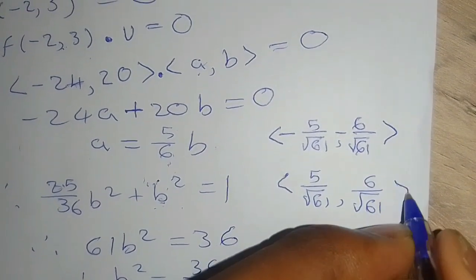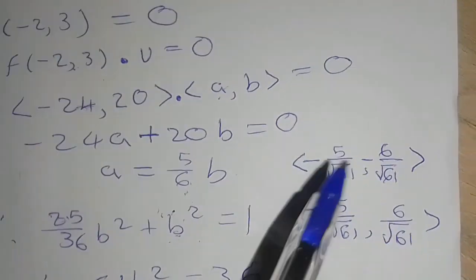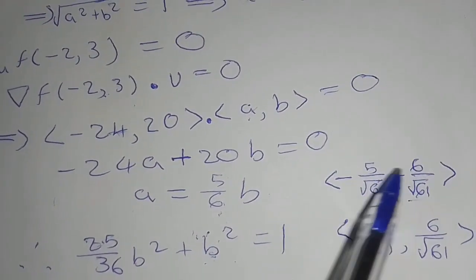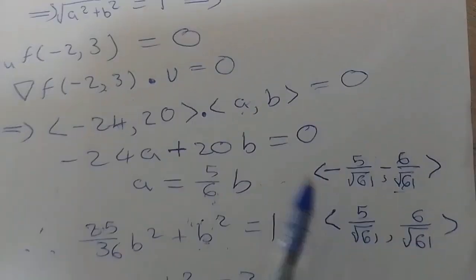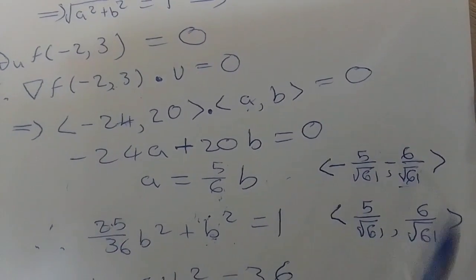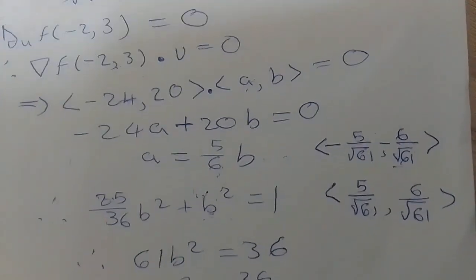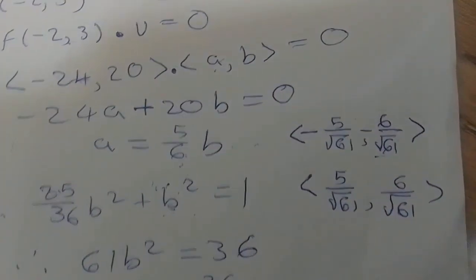So you have two directions. But notice that you can take out the negative as a scalar, so one is a scalar multiple of the other, and it's basically the same thing. So that's the direction for which the directional derivative will be equal to 0.